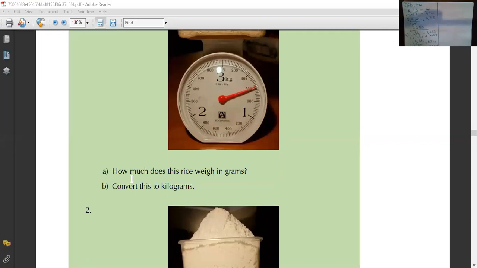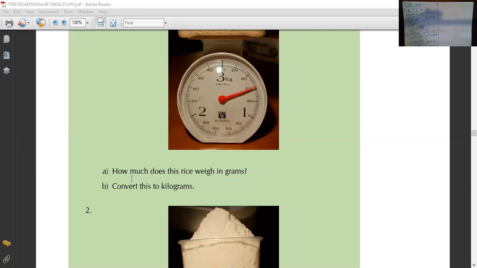It's asking how much this rice weighs. We are not told the weight of the lunchbox, so we just assume that it is negligible.